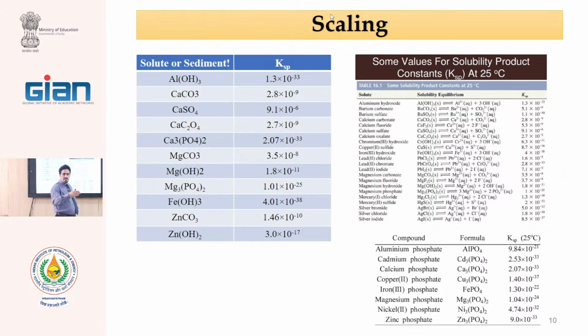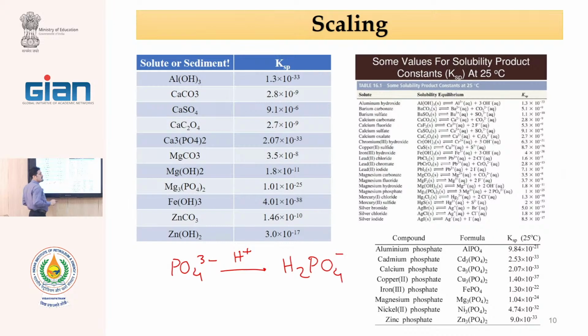With increasing pH, we change phosphate to the acidic form. With reducing pH, it changes, for example, to this one, and this one has a low tendency to complex with calcium.